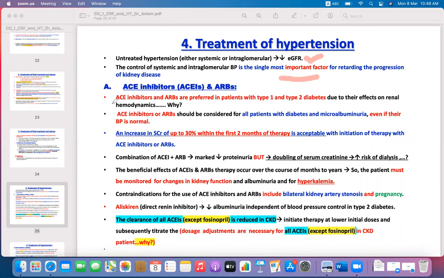The drugs are angiotensin converting enzyme inhibitors and angiotensin receptor blockers. These two drugs you already studied in your previous block, the cardiovascular block.